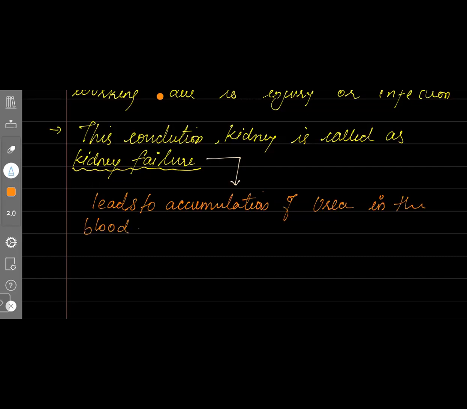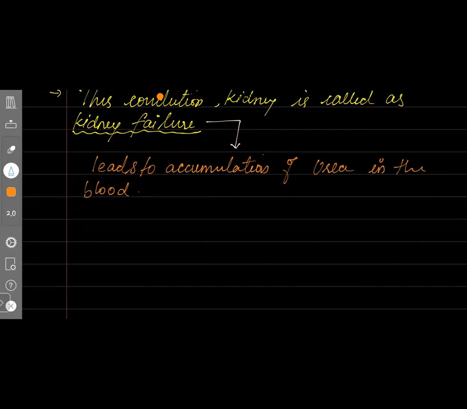Now if the blood has more urea, since urea is a toxic substance, it must be removed from the blood. Urea is a very toxic substance, so it should be removed from the blood.